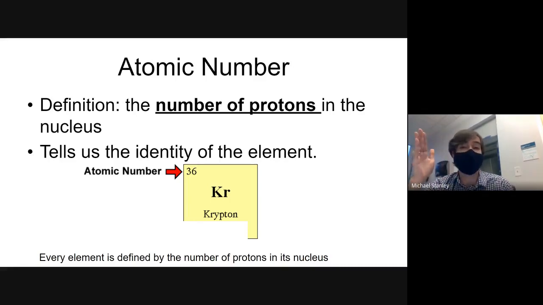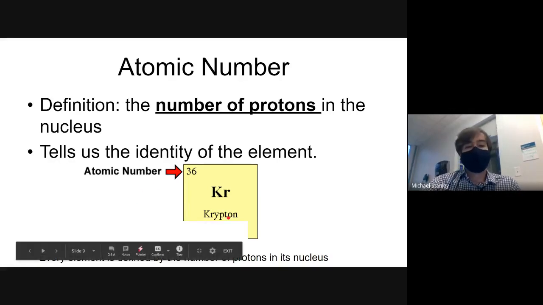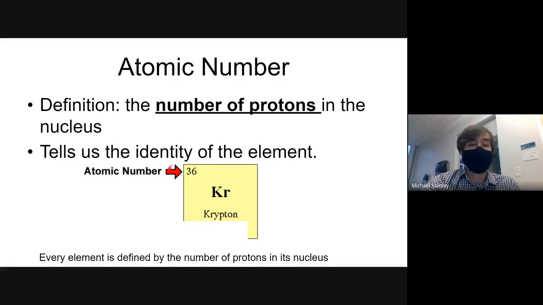Every single atom in the periodic table has a different atomic number and a different number of protons. That's how scientists initially organized the table and the atoms, by how many protons they have. If you have a different number, you are a different atom. So krypton is atomic number 36. It comes 36th in the periodic table, and it has 36 protons. So pretty easy peasy for our atomic number.